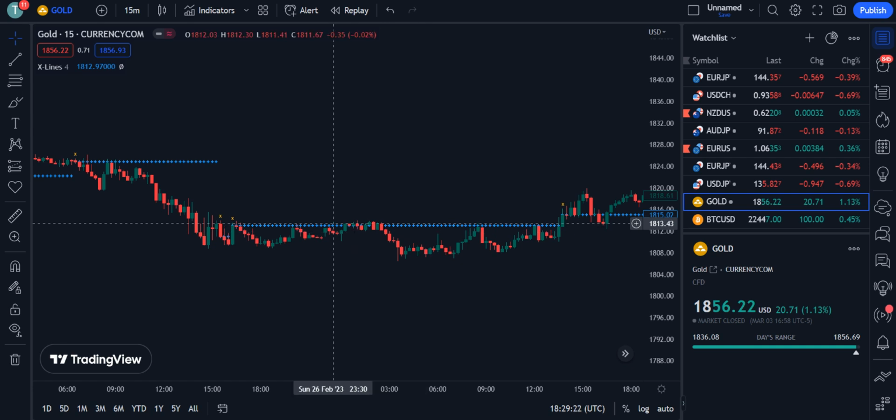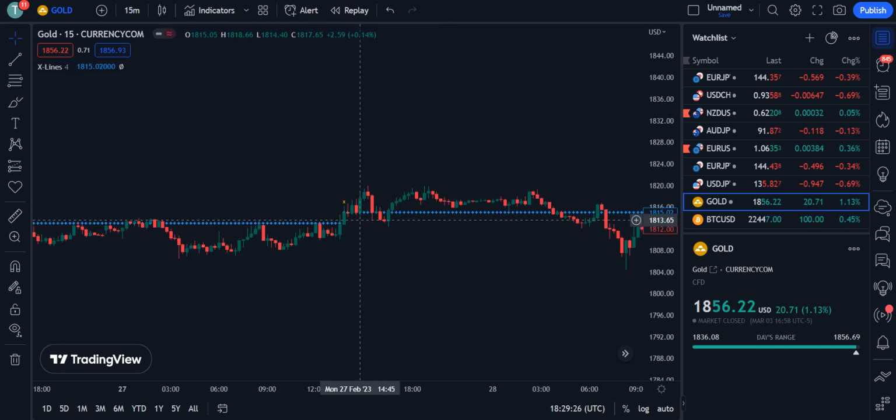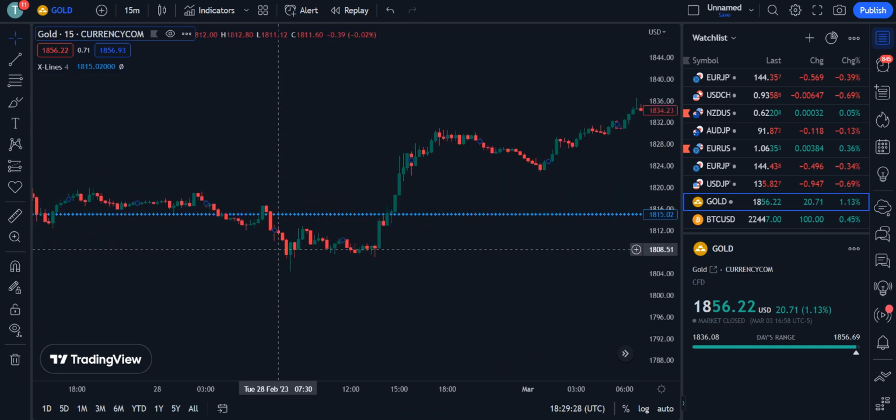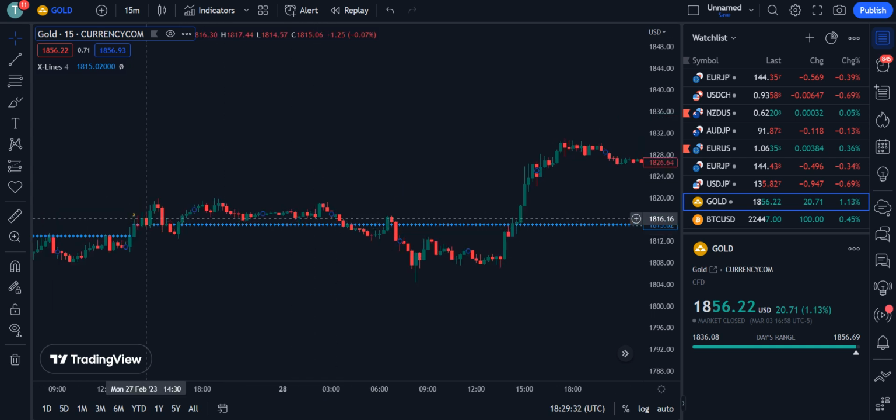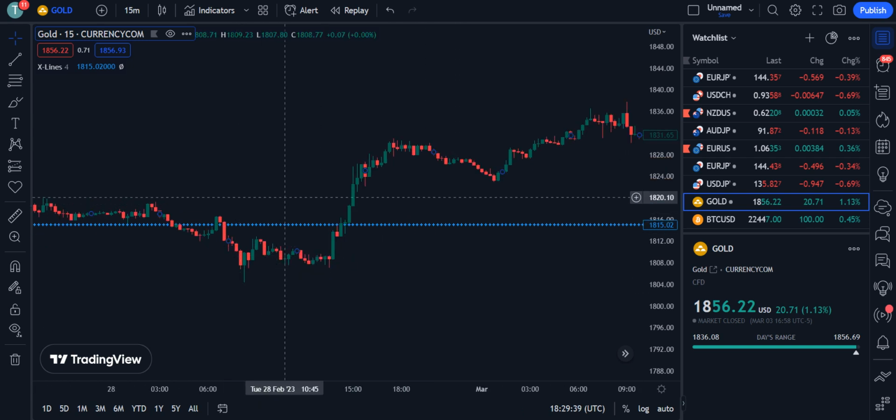You are already aware of support and resistance levels, but when you use this indicator, you will be amazed to see that it is more convenient and easier than other support and resistance levels. And this is used for swing trading.